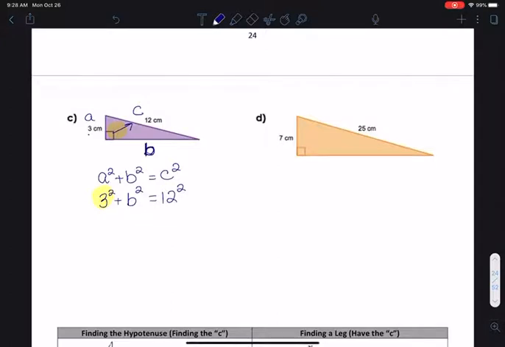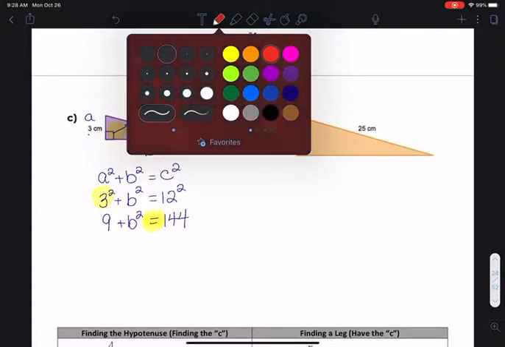Now, before I go about solving this, because we do see that we have to solve this, I'm going to simplify the squares. 3 squared is 9, so I have 9 plus b squared equals 12 squared is 144. Now, I want to get the b by itself. So think back to the stuff that we learned back in solving equations.